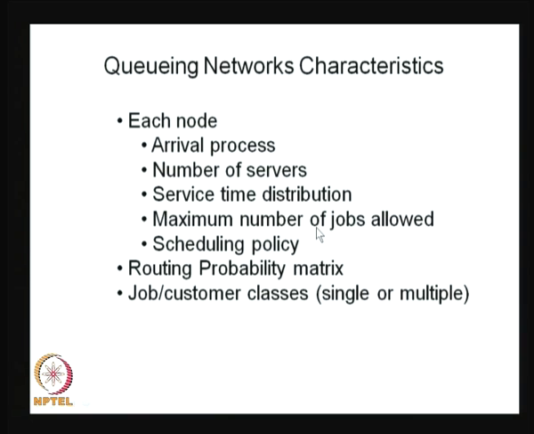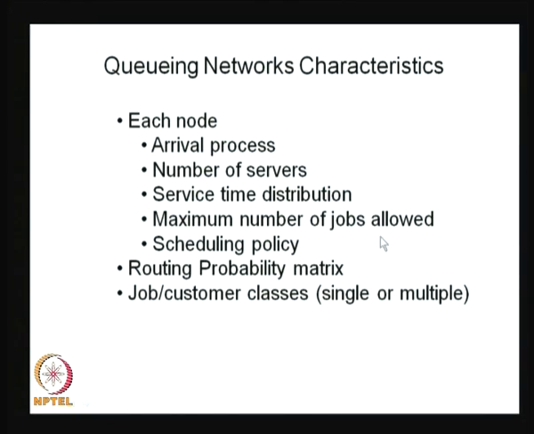If it is a finite capacity system, and customers are coming from some other node and the system is full, then they will be blocked. Therefore, we should consider the capacity of each queue also.